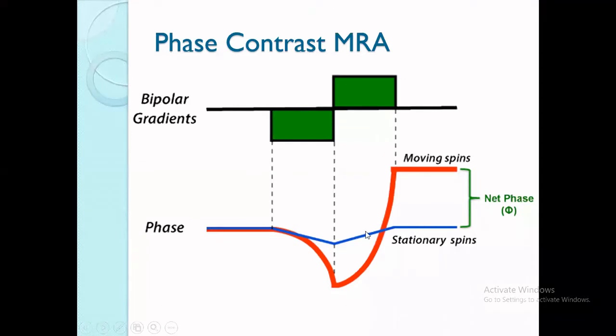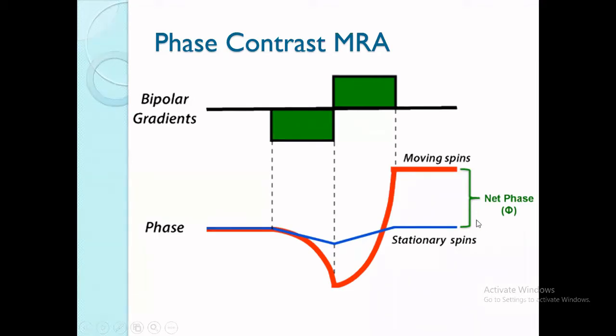But now looking at the case of the moving spin, if you have applied the particular gradient in the opposite direction and then in the direction opposite to the initial one, the change is visible. It will follow the path just like this, and then there is a net phase difference between the stationary spins as well as the moving spin.